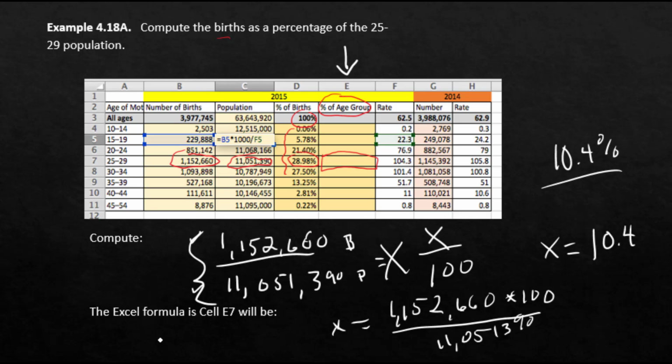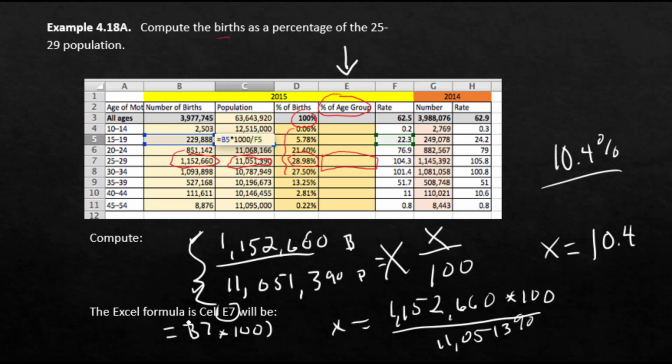So now for the Excel formula, in this cell, which is cell E7. So I'm placing it in E7. And it's going to say equals. That's how you start all formulas. And then you're going to go, this number here is over here. So it's equals B7 times 100.